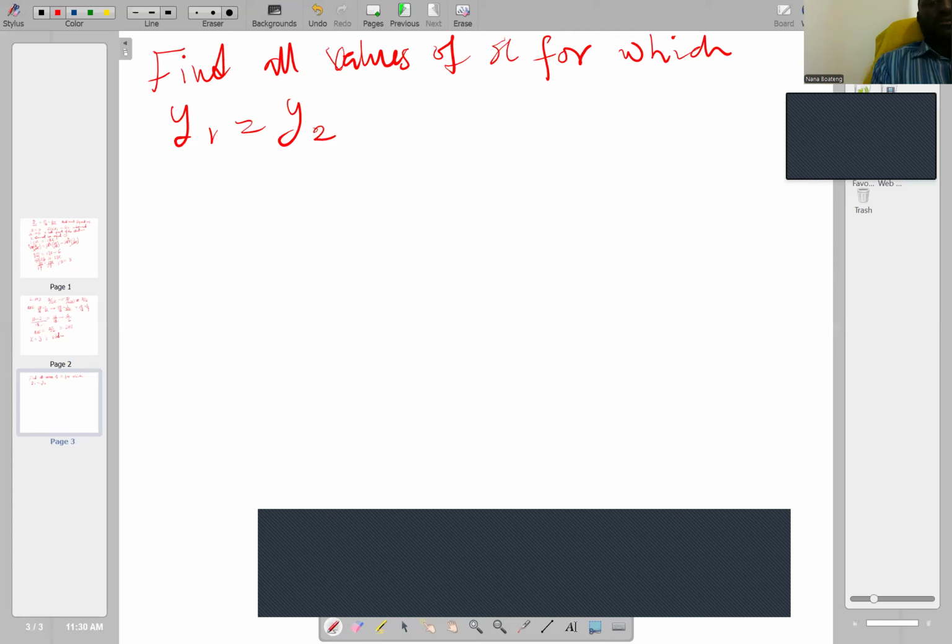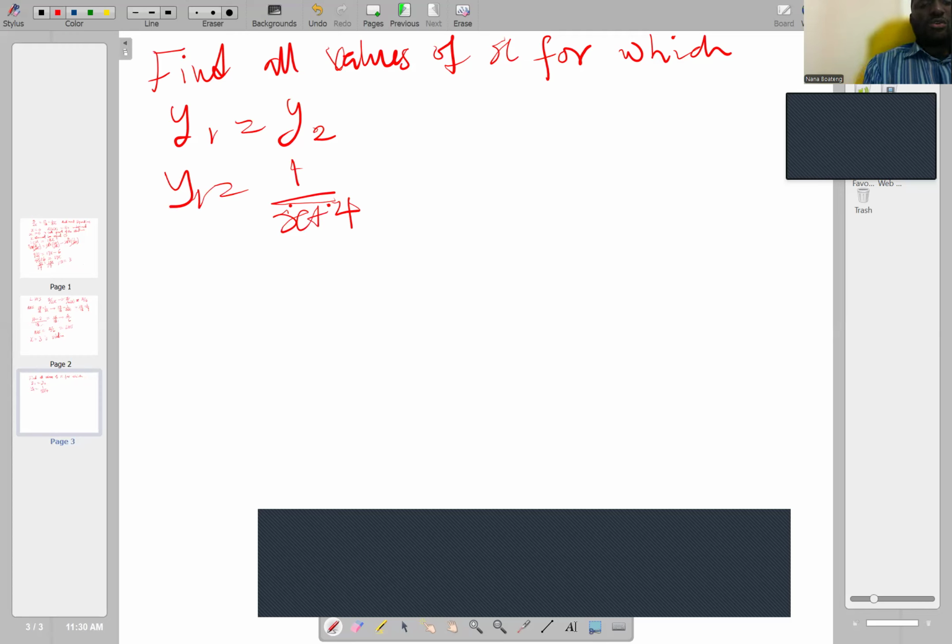So y1 is equal to 1 divided by x plus 4, plus 1 divided by x minus 4.